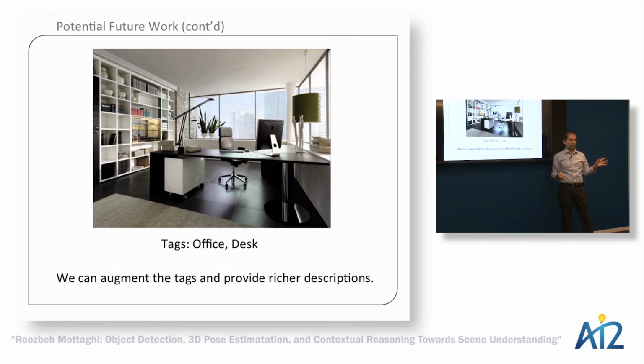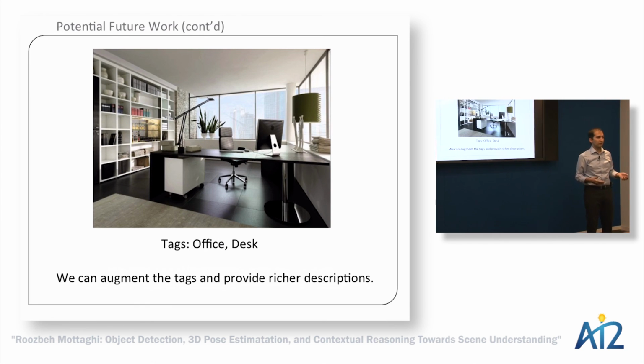So basically there is a loop: we have the text, we can get some images based on the text, and then from these images we can provide additional tags, and then go back to the text. So we can go back and forth between these different modalities and make our description richer and richer.